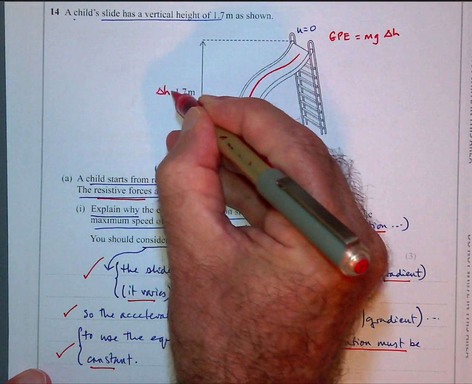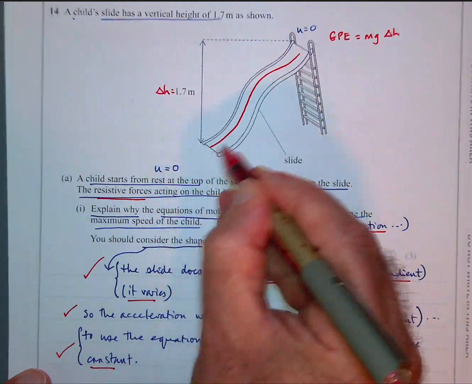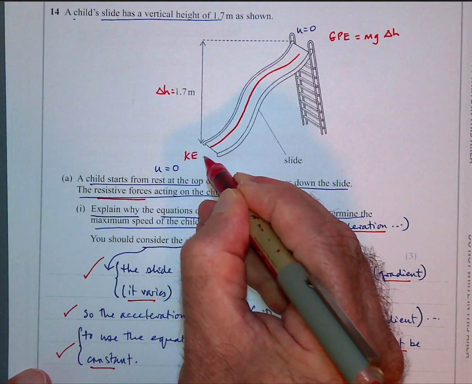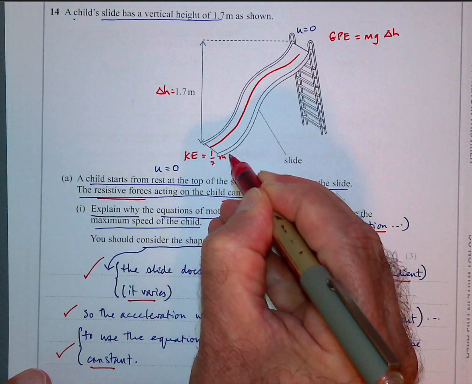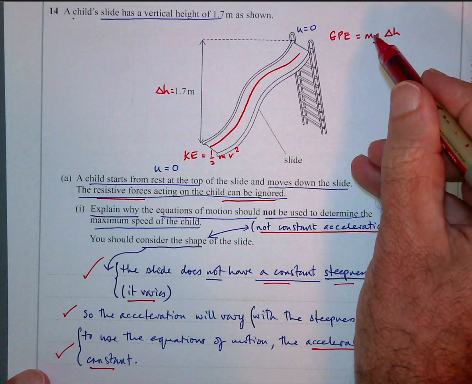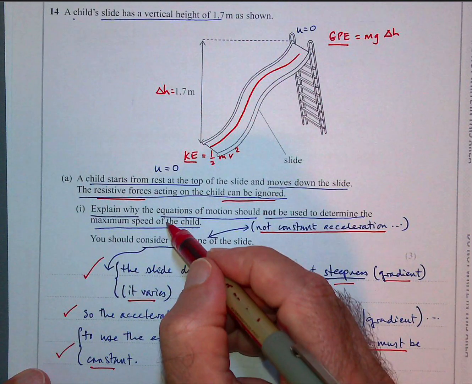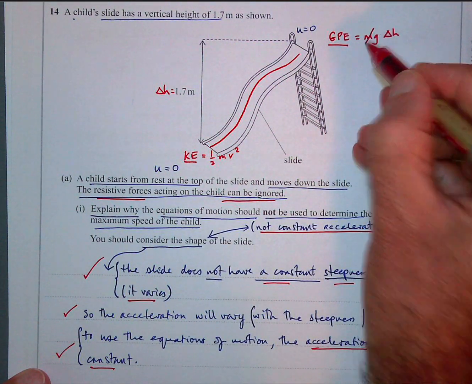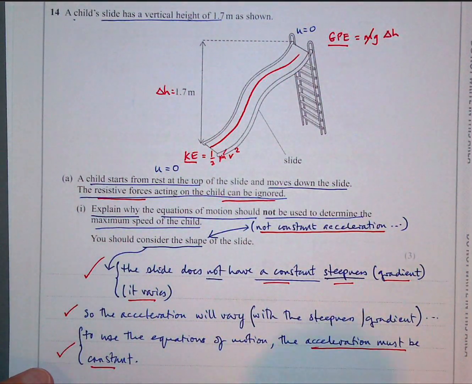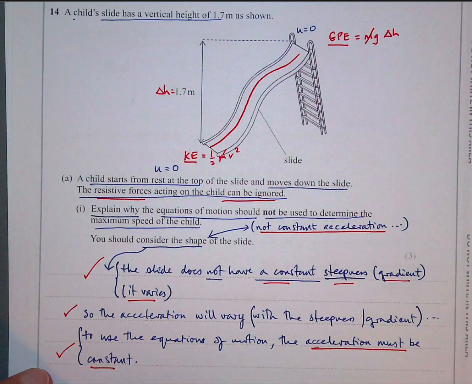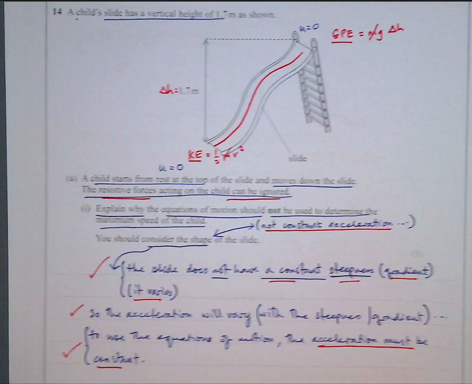There's your delta h. At the bottom, the child's going to have kinetic energy, which is half mv squared. The m is the same. So the gravitational potential energy lost is the kinetic energy gained. So you equate them and you'll find the masses just cancel out. So we don't need to know the mass, and you will see that this will help you with the final part of the question as well.